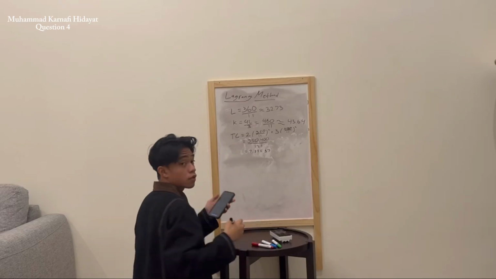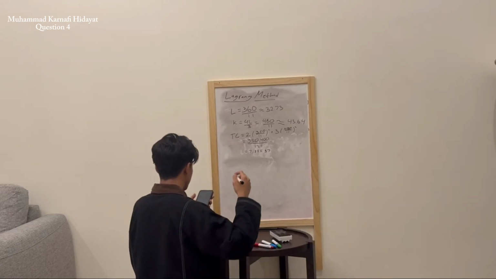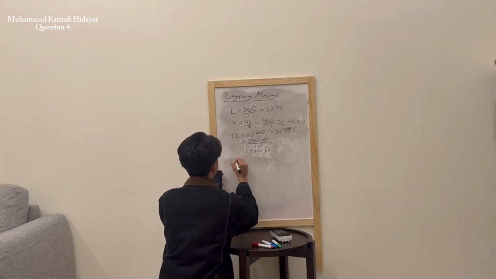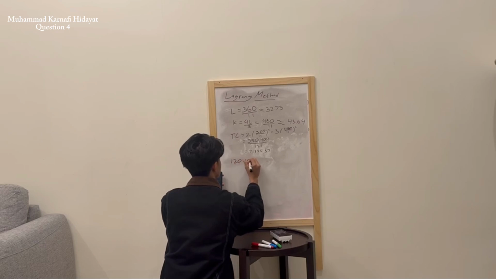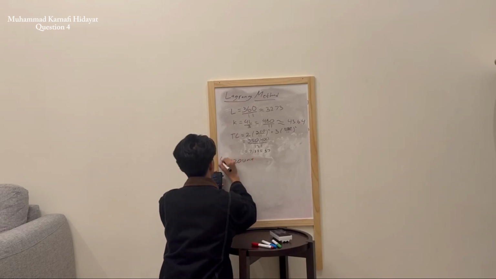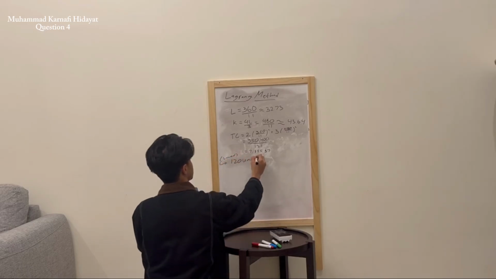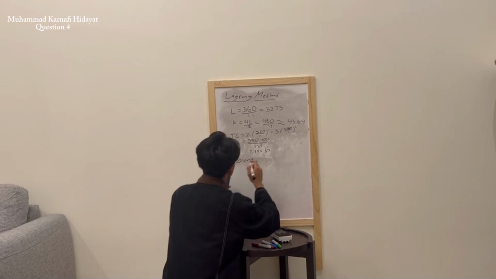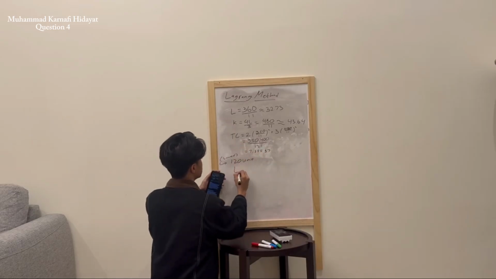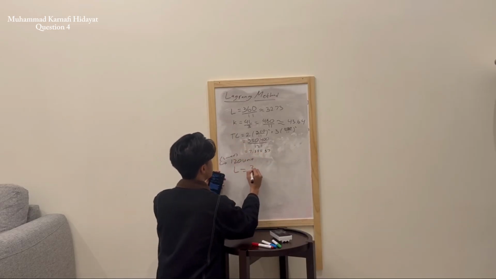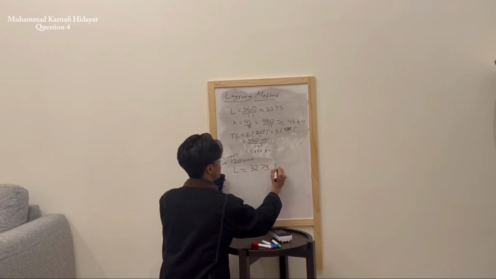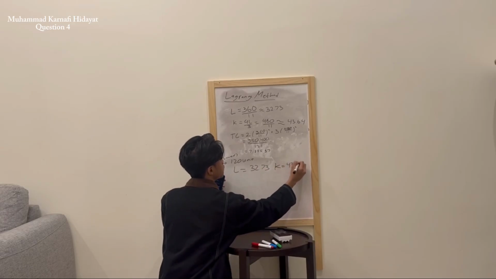So the lowest cost combination to produce 120 units is, for the labor, 32.73, for the capital, 43.64.